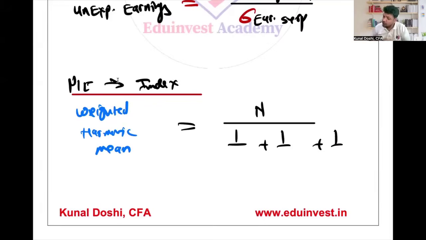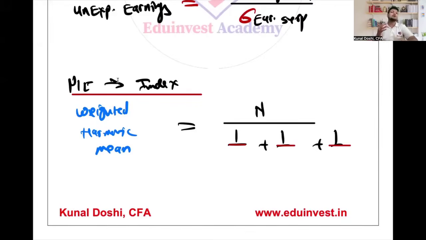Instead of taking R, which was used as returns or price, we can use different ratios. So here we can use the inverse of the PE ratios. Whatever PE ratios we have, we will use the inverse.